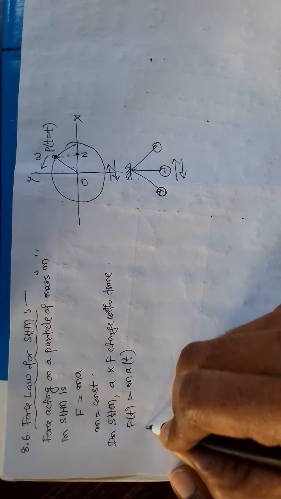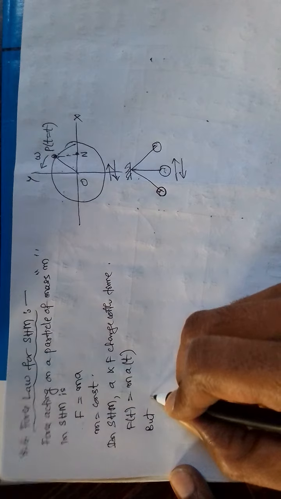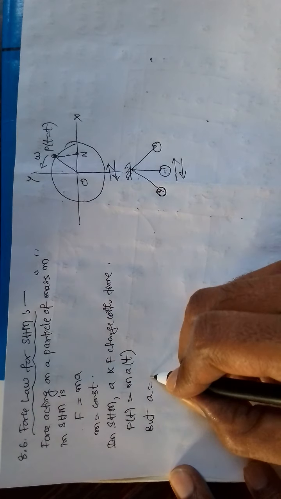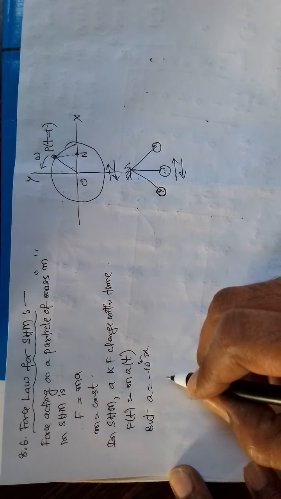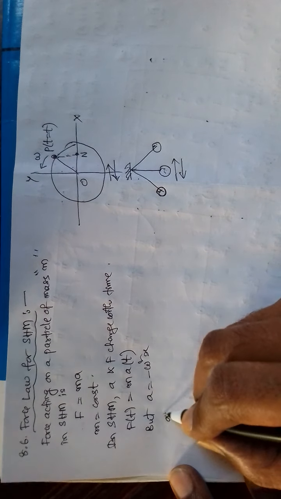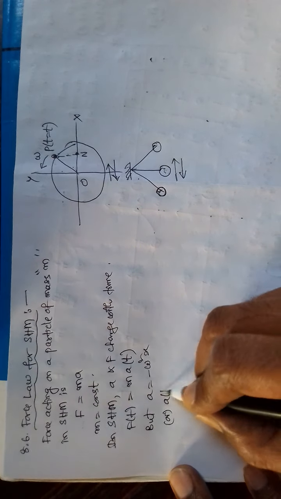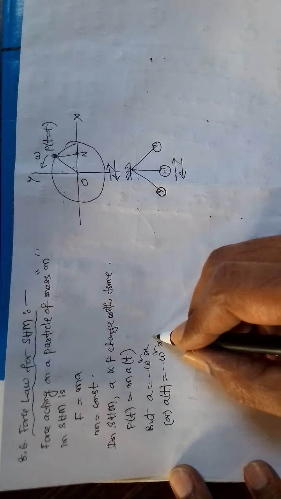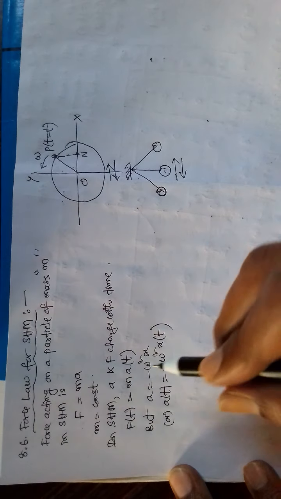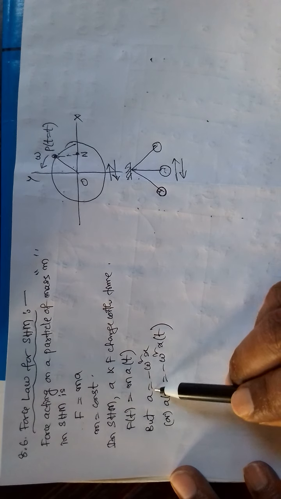Now, a is equal to minus omega square x, or a of t is equal to minus omega square x of t. This we have derived previously.